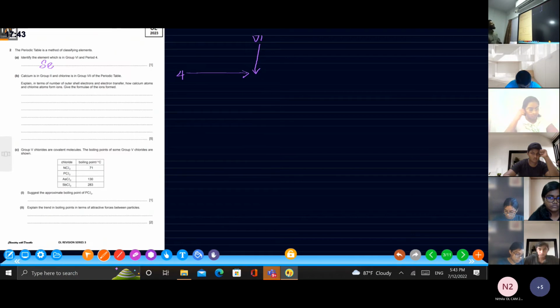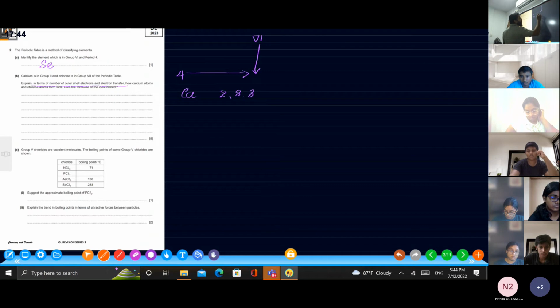Calcium is in group 2 and chlorine is in group 7 of the periodic table. Explain in terms of the number of outer shell electrons and electron transfer how calcium atoms and chlorine atoms form ions. So you can say calcium has the electron configuration 2, 8, 8, 2, because it's in group 2 and its atomic number is 20.